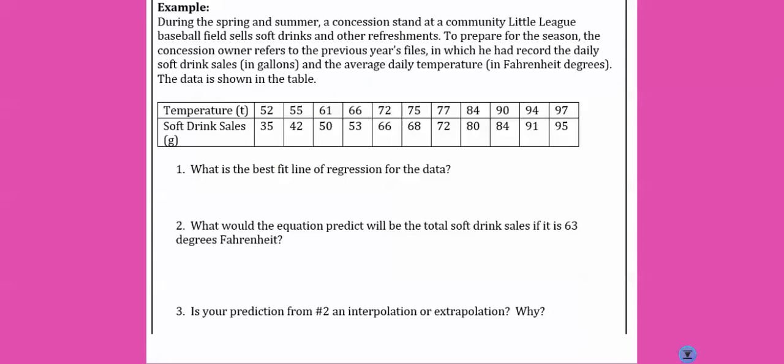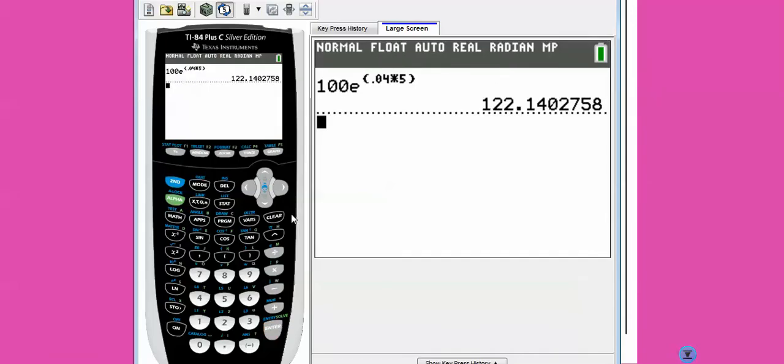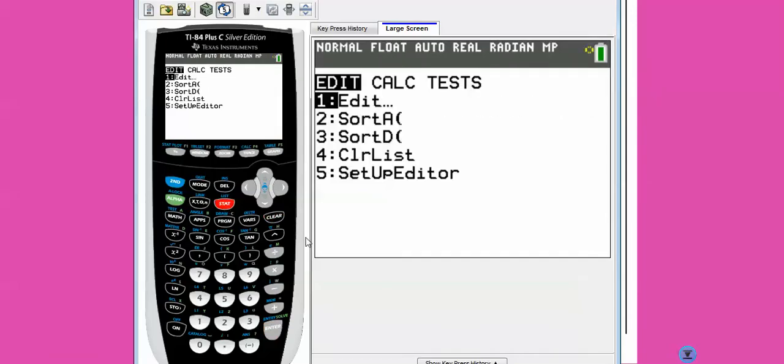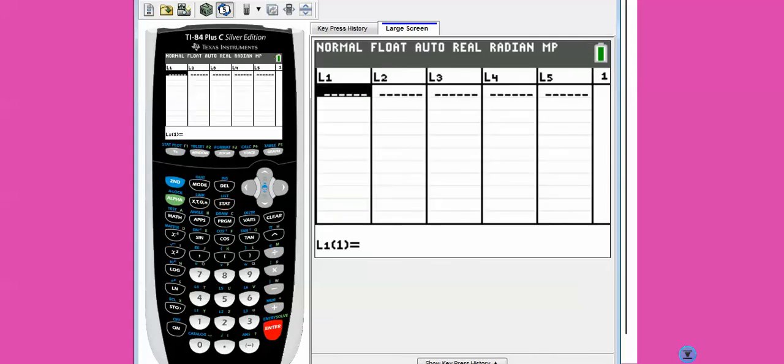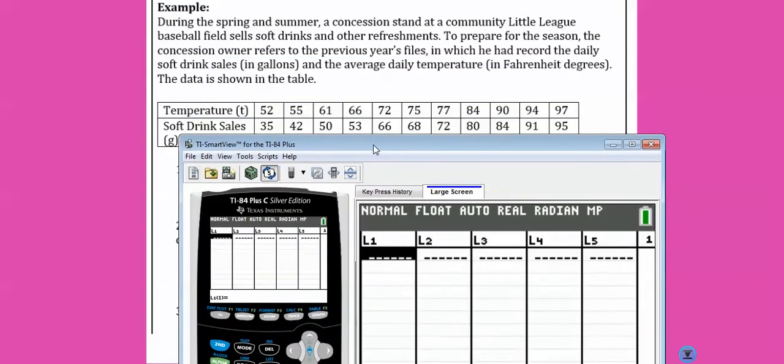So, on our calculators, we go to Stat and choose Edit. Then I'm going to put the temperatures in L1.